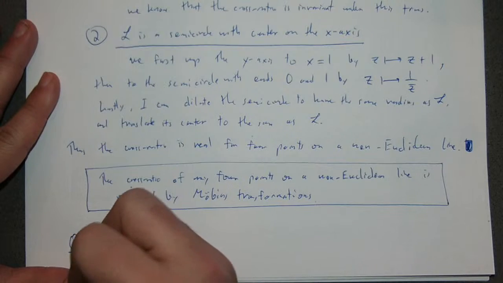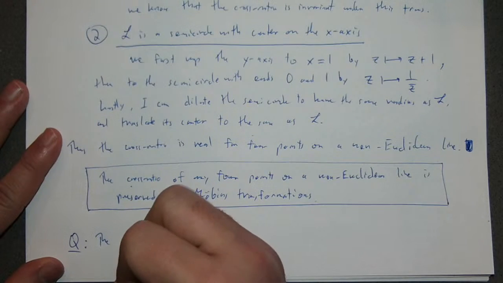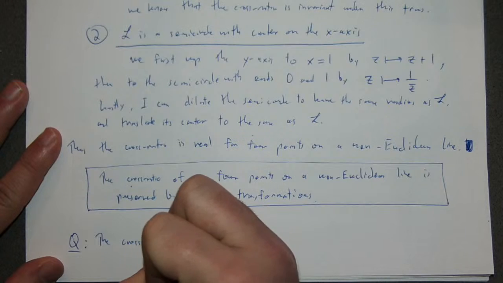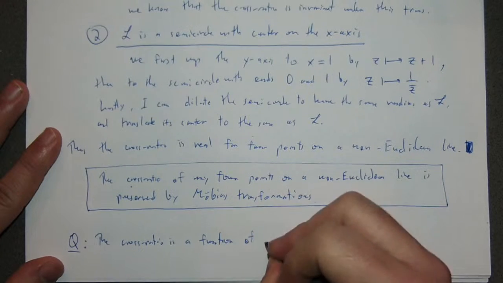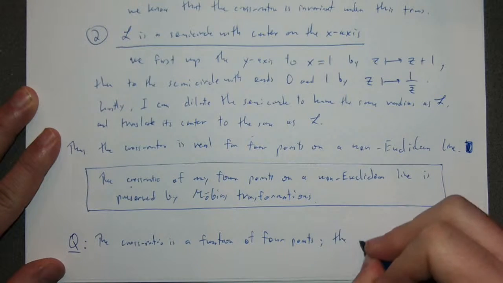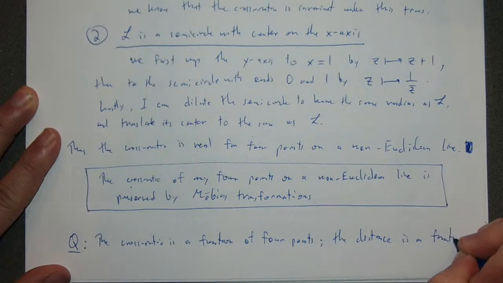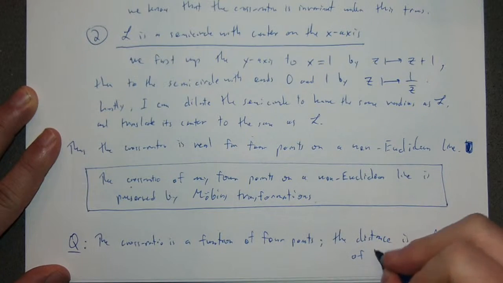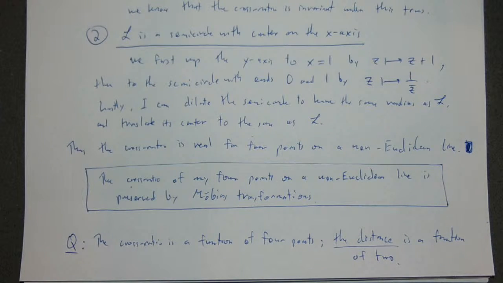If I'm wanting to use this to discuss a distance, note that the cross ratio is a function of 4 points. The distance is a function of 2.